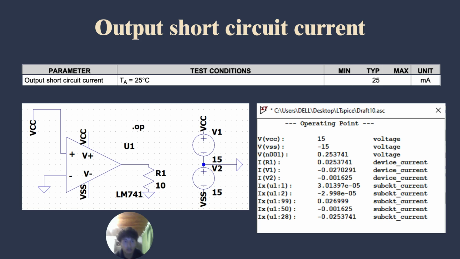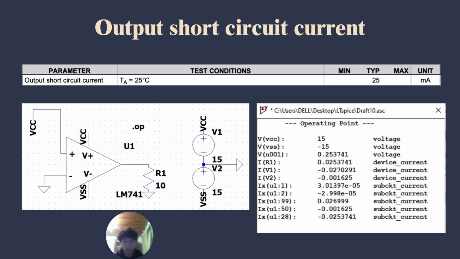For applications where high output current is required, such as in power amplifiers or driving low impedance loads, it is important to check the op-amp's short circuit current and ensure it can safely handle the expected loads. If necessary, external current limiting resistors or buffer circuits can be used to prevent damage and improve overall circuit reliability.